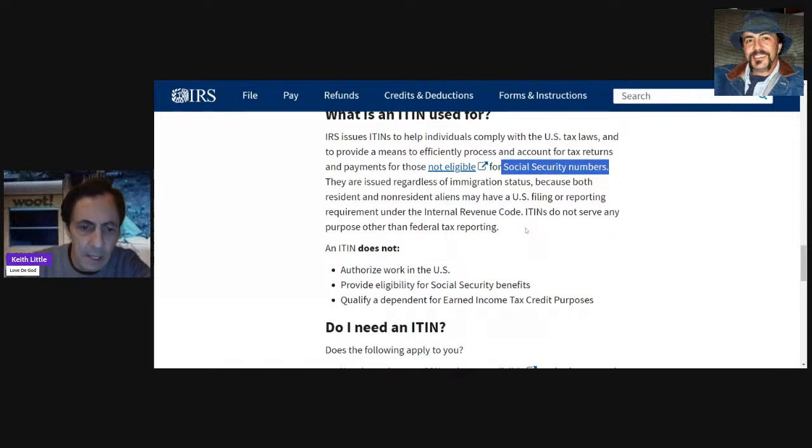It's voluntary. An ITIN does not authorize work in the U.S., provide eligibility for Social Security benefits, so neither does the Social Security number. Qualify a dependent for earned income tax credit purposes? No, it doesn't.